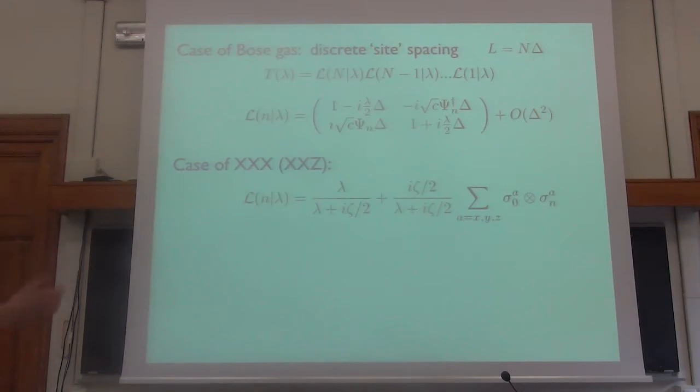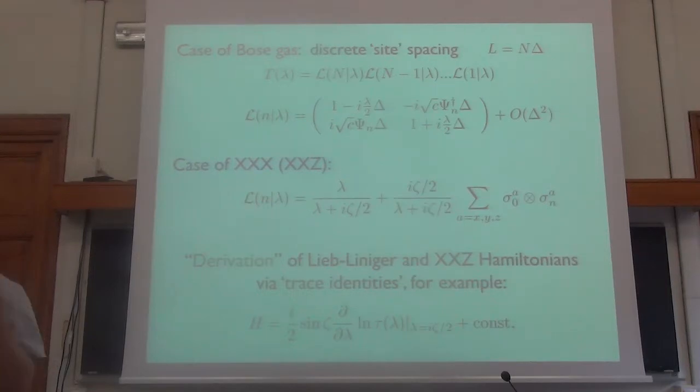Then you can construct XXX, you can construct Lieb-Liniger, and what happens is that you get an explicit form of the monodromy matrix in terms of products of so-called L operators. And then, of course, because you've got the monodromy matrix, you can take the trace. When you take the trace, you get the transfer matrix, and then you can compute your conserved charges.